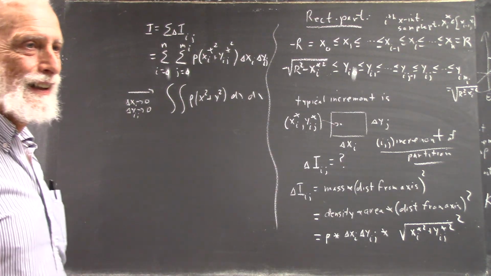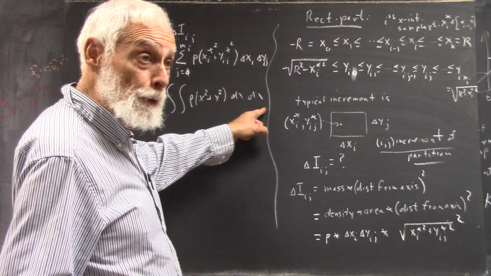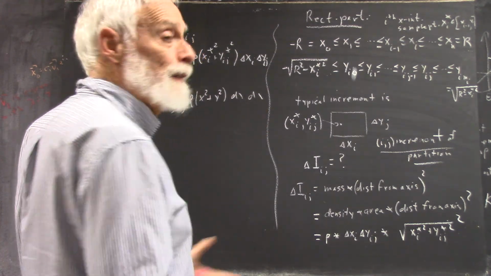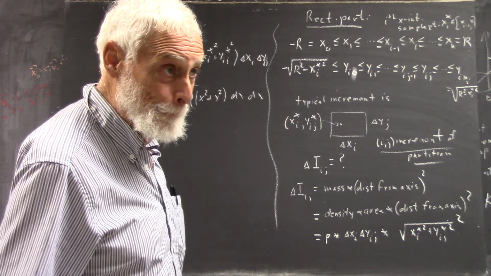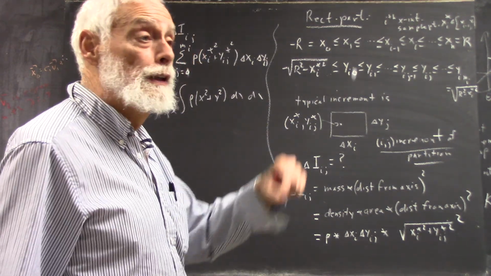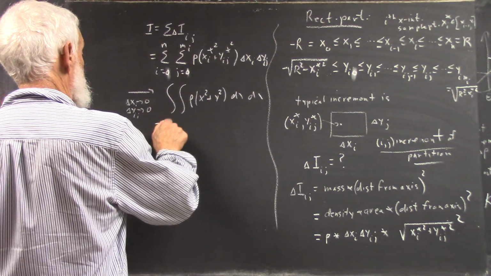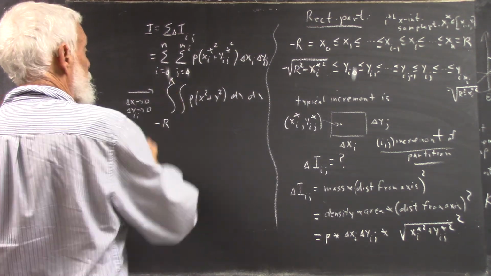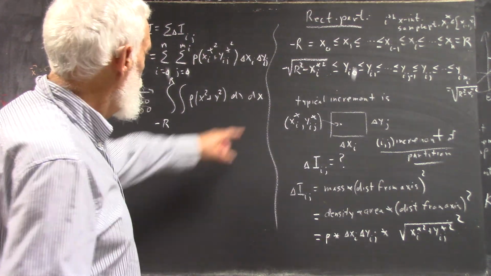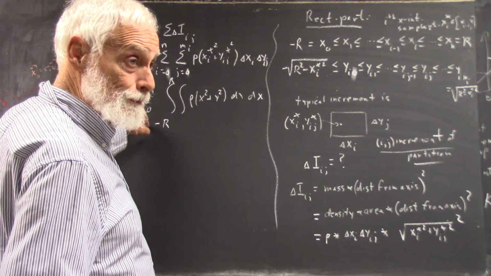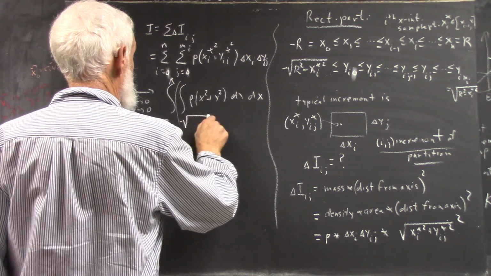okay? And let's be careful about how we do this, because the order of these things is now going to matter, simply because the y partition depends on which part of the x partition you're looking at, right? So since y depends on x, you want your x, which goes from negative r to r, to be your outside integral, because your y depends on x.